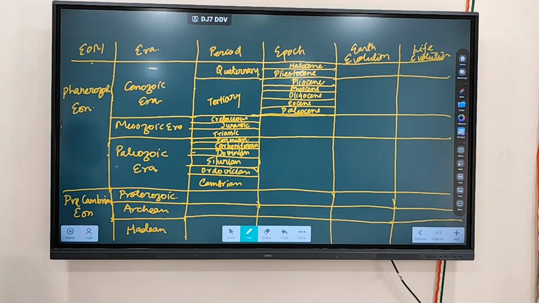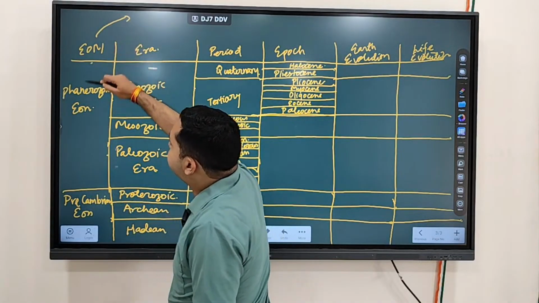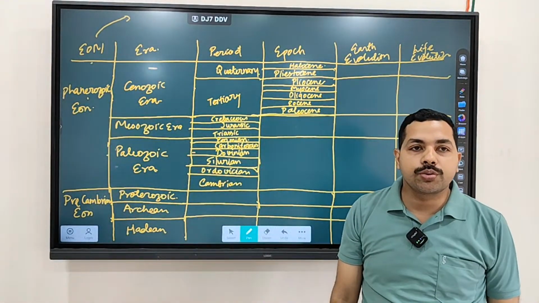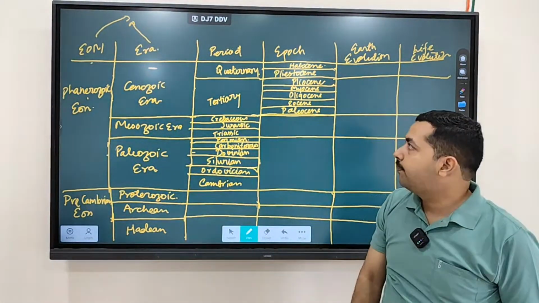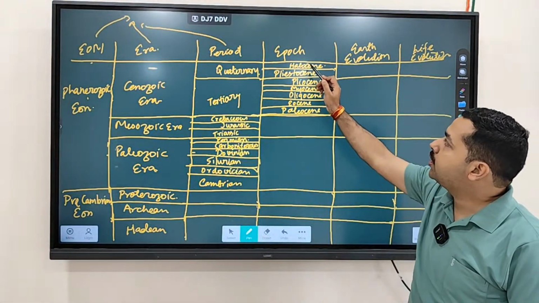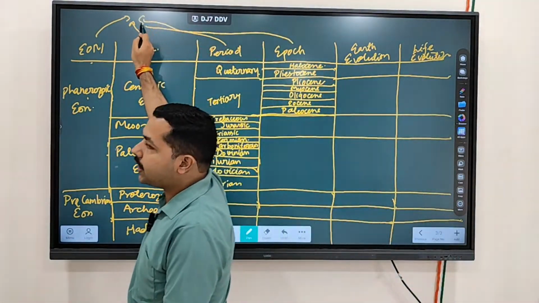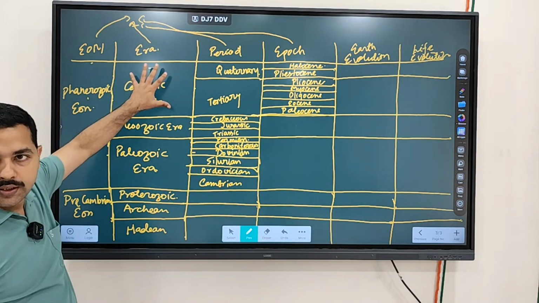So currently we are living in which eon? Phanerozoic eon. Which era are we living in? Cenozoic era.